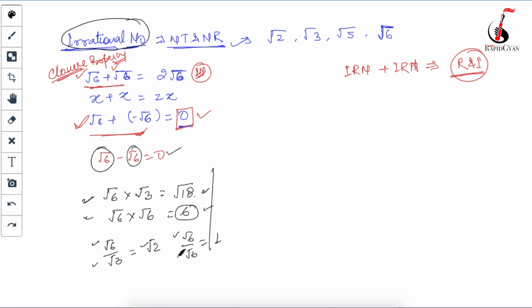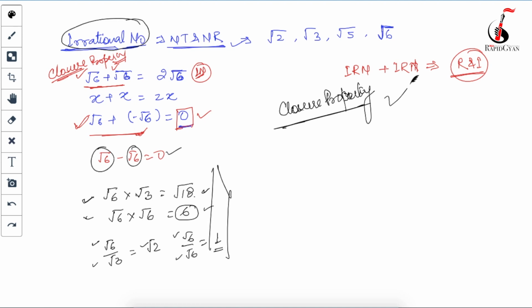Here irrational divided by irrational gives a rational number. So what you understand from this is that irrational numbers do not support the closure property in any of the mathematical operations. Just remember this, guys.